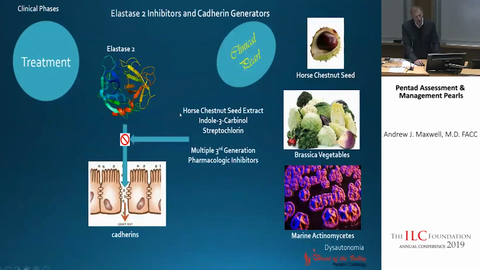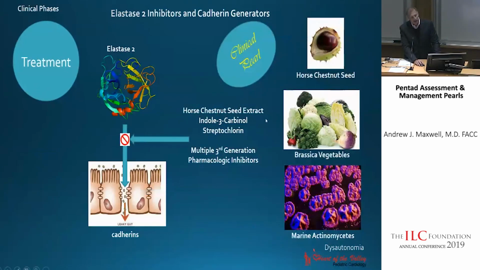And there are a couple of supplements that actually block elastase 2. I've put patients on these when it seems that their Ehlers-Danlos is really getting out of control. I have to admit there's not any data yet that shows that it's altered the course of their illness, but it's something that I hope to be able to look at at some point.